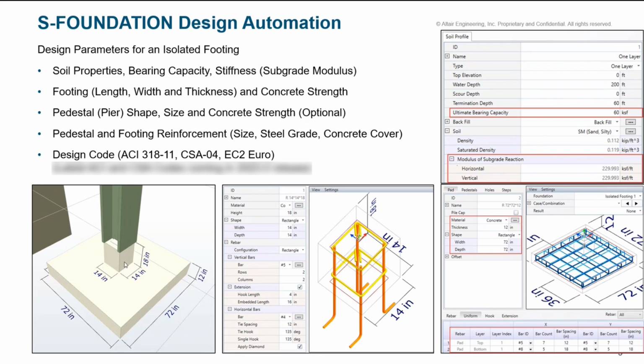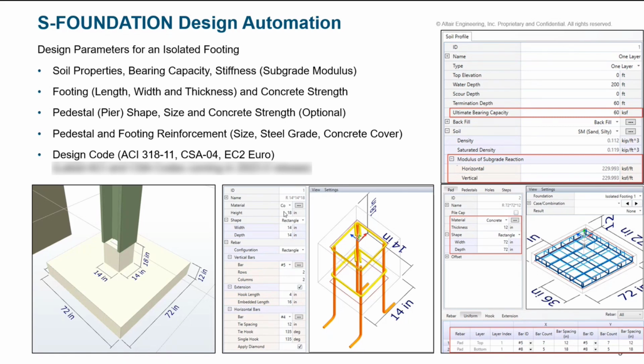We might have to build a pedestal and then put the column on top of that. In other situations, the column could directly go on top of the footing. So we may have a pedestal that would have a size and a shape and a concrete strength. This screen, or this little image, shows the control over the pedestal.